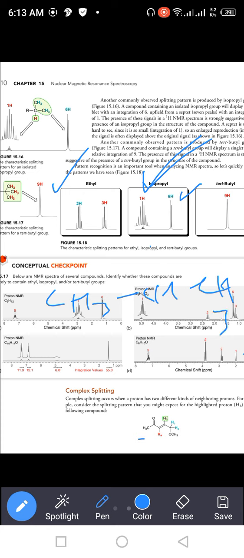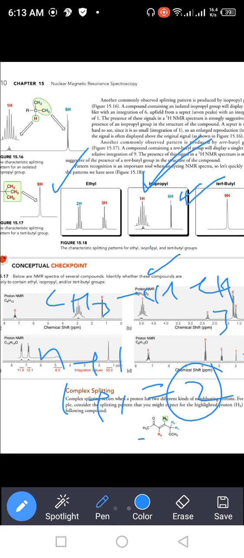These 6 protons are now split by the single proton, because these 6 protons have one neighboring proton. So according to the n plus 1 rule, 1 plus 1, the answer will be 2, which means these 6 protons will be split by the neighboring one proton and a doublet will be observed. So a doublet will be observed here.